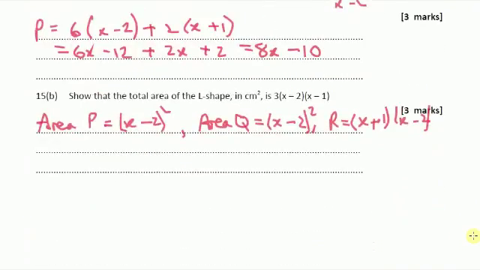Okay, so now we can get rid of all these brackets and try and bring things together. So the area equals x squared minus 4x plus 4. That's the first expression. Plus, now Q is going to be exactly the same.